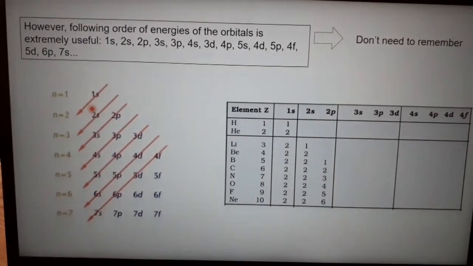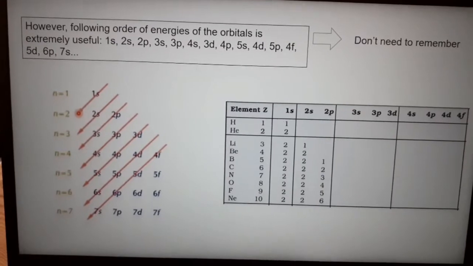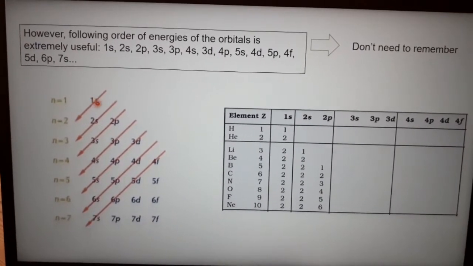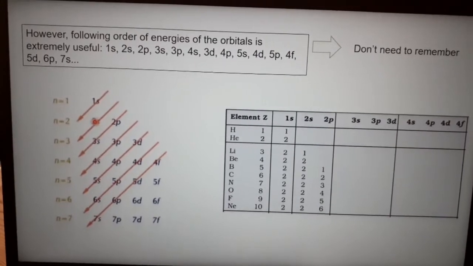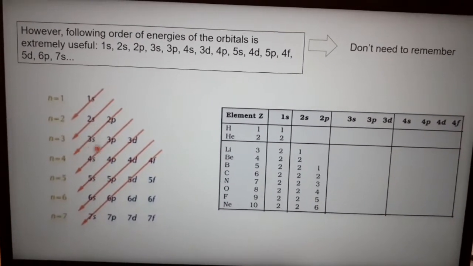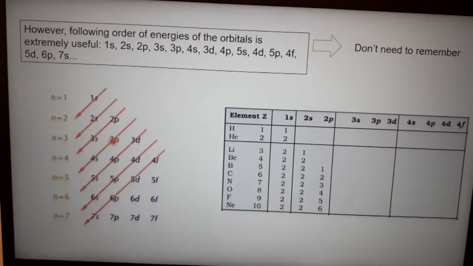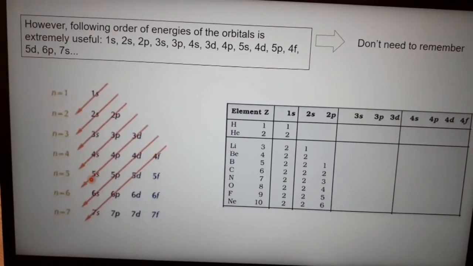What does it mean? The arrows go from top to bottom. So first the electrons fill 1s, then 2s, then 2p and 3s, then 3p and 4s, then 3d, 4p and 5s, and so on.